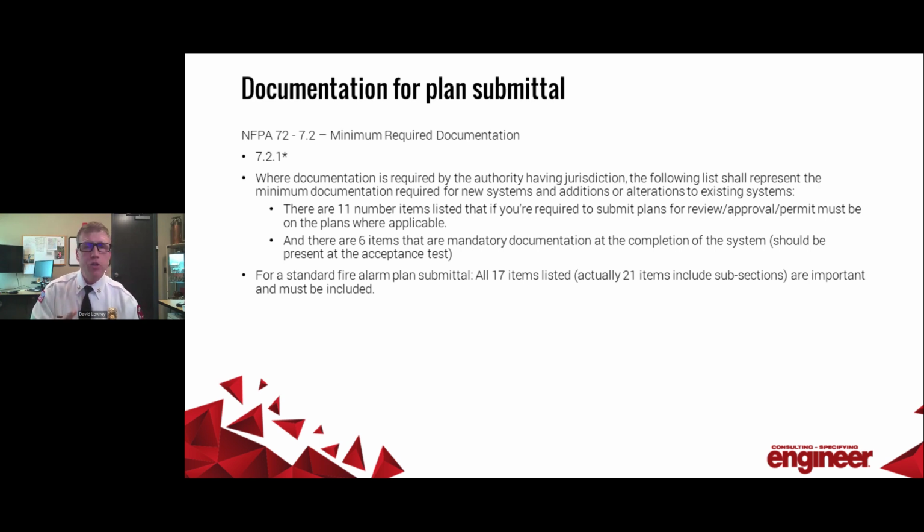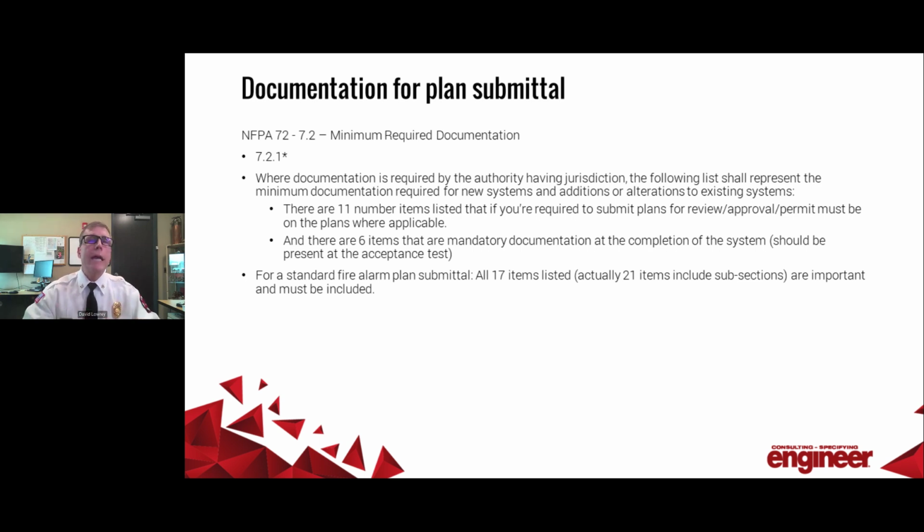And just make sure you understand, this is the minimum that you have to submit when it is required that you submit documentation, right? So 7.2 is that non-negotiable, everything that's applicable to your design, it should be listed here.